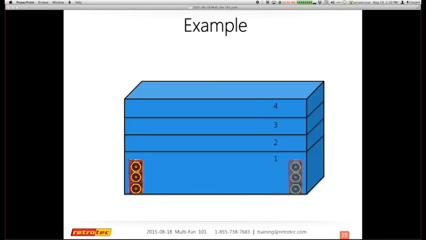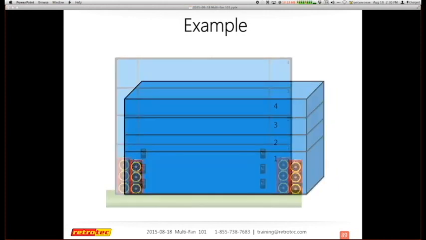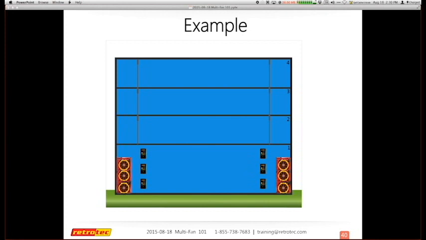All right, so we're going to go through a scenario and combine some of the concepts we just put together. I have my 4-story building, and I decide I'm going to set up my 2 fans on opposite ends of the first floor. My scenario is I've got my individual gauges next to each bank of fans.